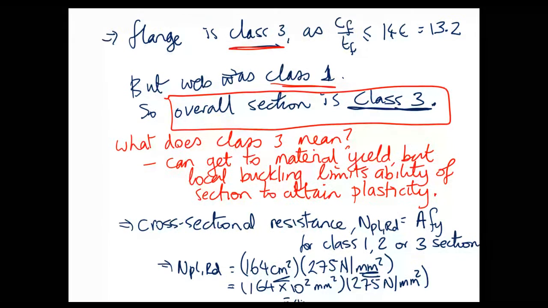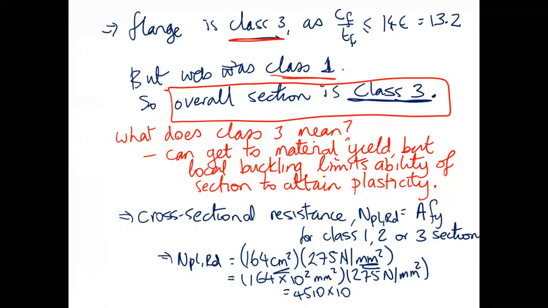So you get 4510 times 10 to the power 3 newtons, and then turn that into kilonewtons by dividing by 1,000, which is 4510.